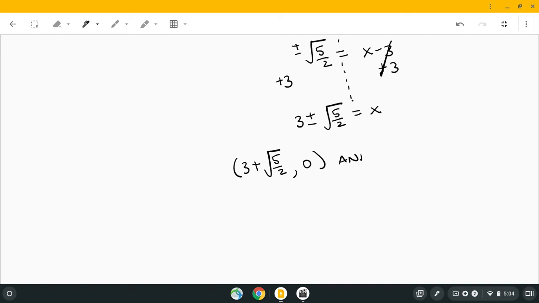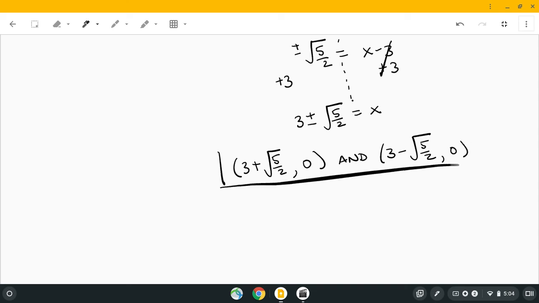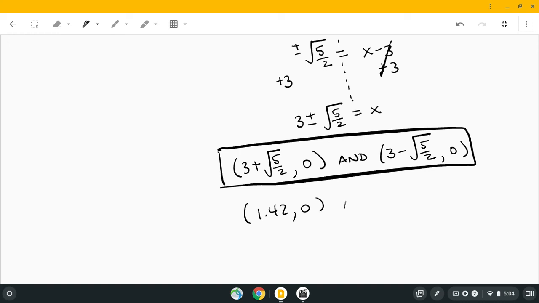And 3 minus square root of 5 halves, comma 0. So that's one way to write your two x-intercepts. Another way to write your two x-intercepts is to turn that into decimals. Okay, so if you turn this into a decimal, then that would be 1.42 and 4.58.